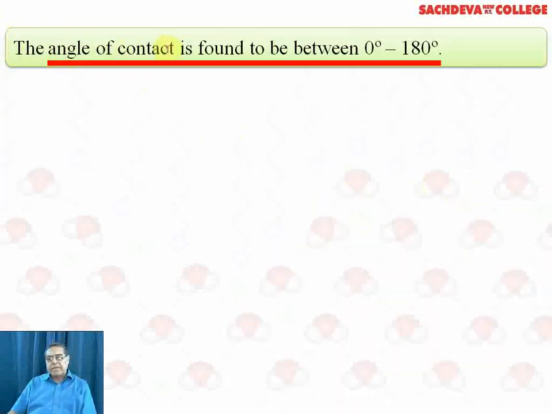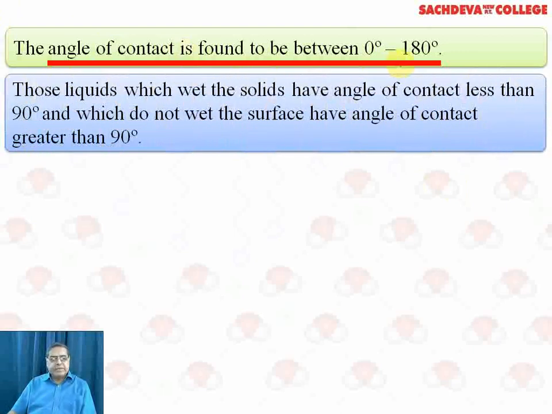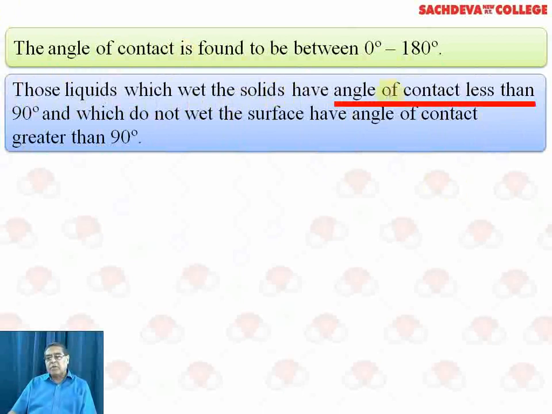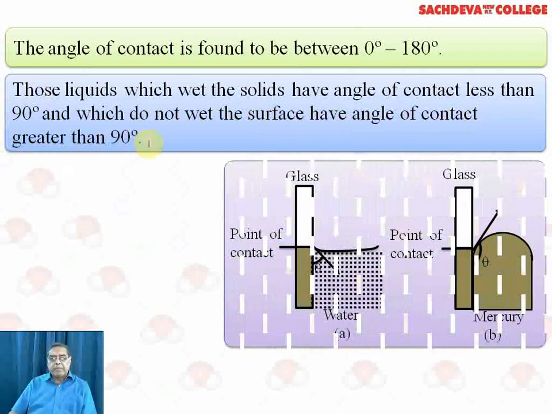The angle of contact is found to be between 0 and 180 degrees. Those liquids which wet the solids have an angle of contact less than 90, as shown in water, and those which do not wet the surface have an angle of contact greater than 90, as shown in the case of mercury, that is the second figure.